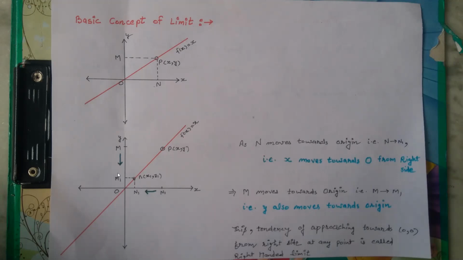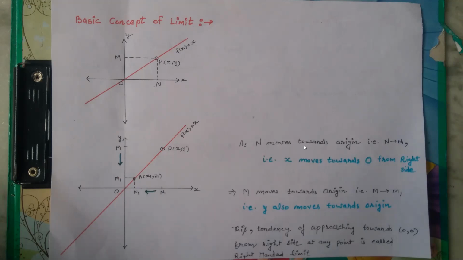So the value of y, earlier this was OM, now this has become OM1. Earlier the distance was ON, now the distance has become ON1. So as x tends to the origin, there is a change in y.